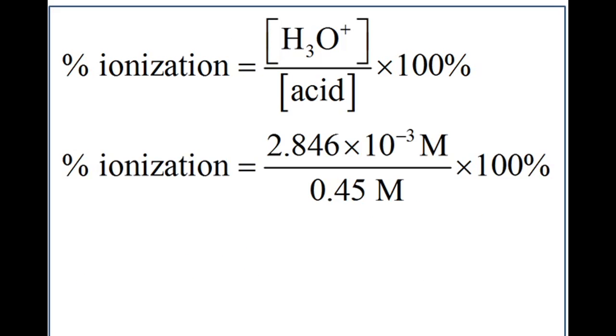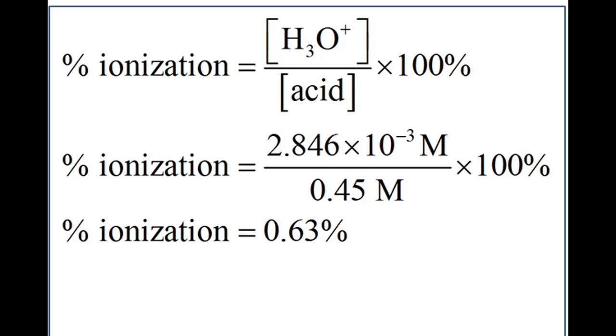The concentration of hydronium in our sample was 2.846 times 10 to the negative third molar, and the original or initial concentration of the acid was 0.45 molar. So we plug these in and make the calculation. Notice the unit molarity will cancel. It comes out to 0.63%.